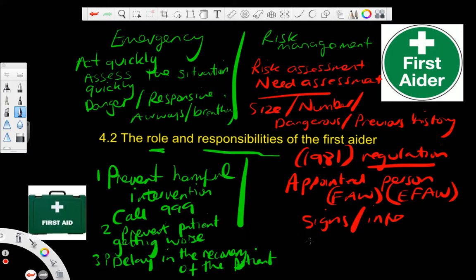So information is given to staff when they start or when they're working in the premises as well. That's all part of making sure that the provision reduces the riskiness involved when it comes to first aid. The first aider or the appointed person should also test and stock equipment, so make sure they stock and test equipment.